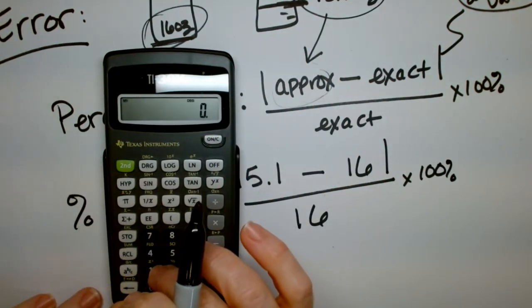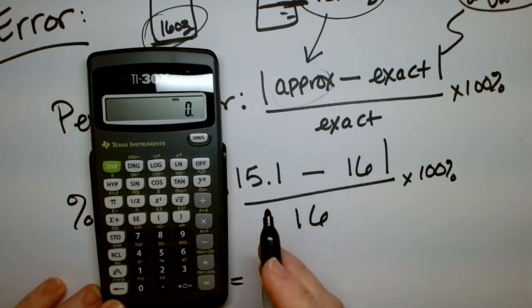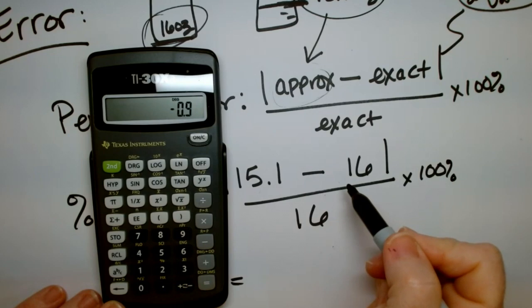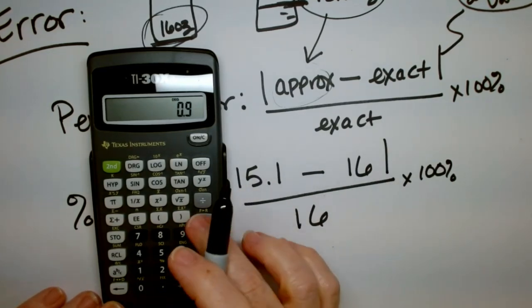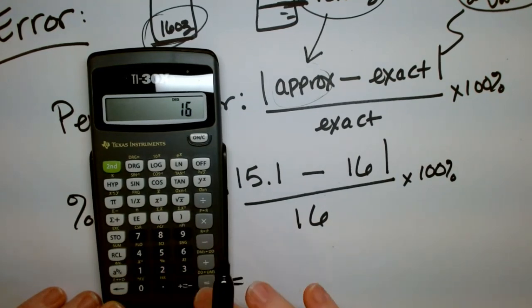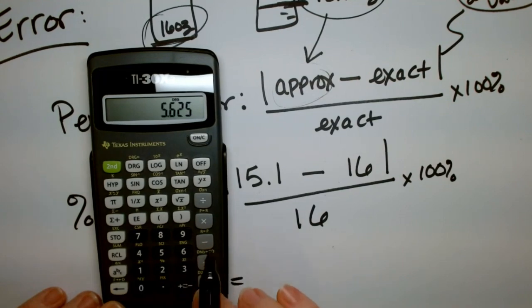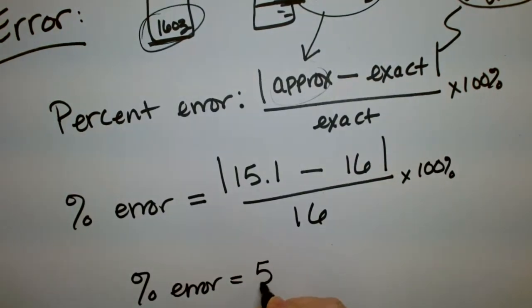Hang on, let me clear my memory here. We're going to have a calculator lesson at some point. Okay, so here we go. 15.1 minus 16. All right, I have a negative 0.9. Throw away the negative sign because I don't care about it. That's what my absolute value bars mean. Divided by 16. And then don't forget to multiply by 100 because you want this number in a percent. So this can is off by 5.6%.